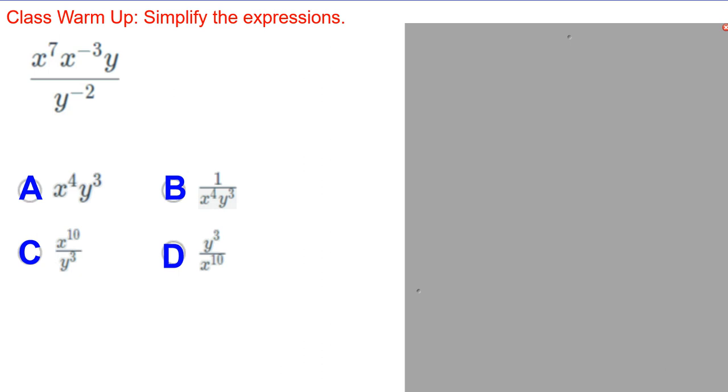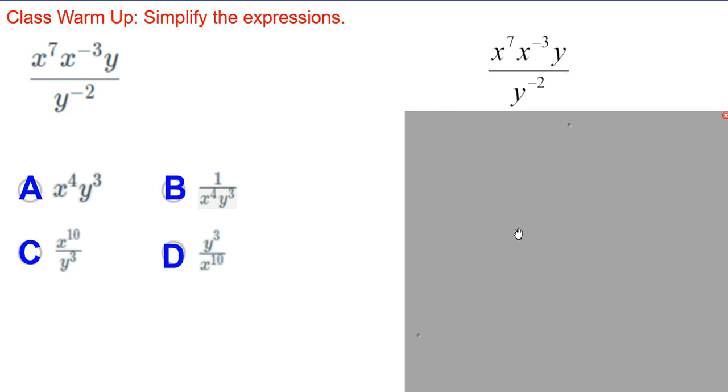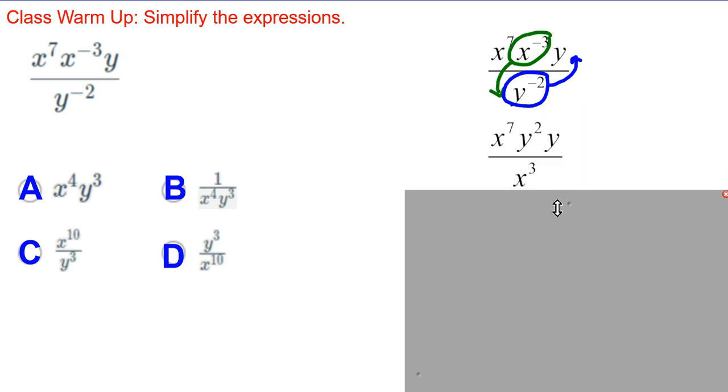And if you notice, we have a couple of things in the wrong location. We have an x to the negative 3rd in the numerator, which really belongs in the denominator. And we have a y to the negative 2nd in the denominator, which really belongs in the numerator. So we're going to rewrite everything in the correct location and work on simplifying numerators and then denominators.